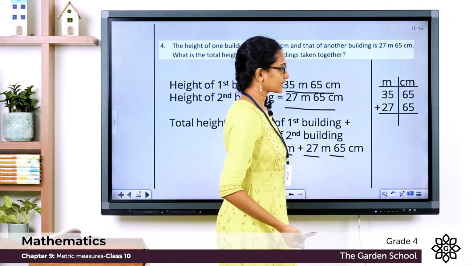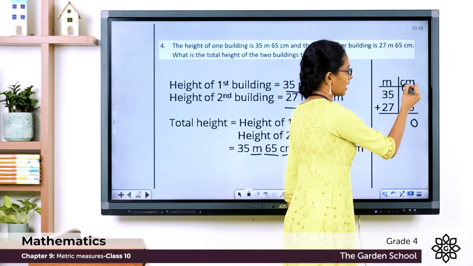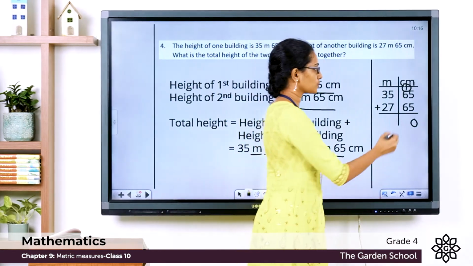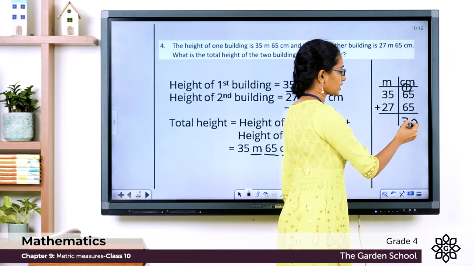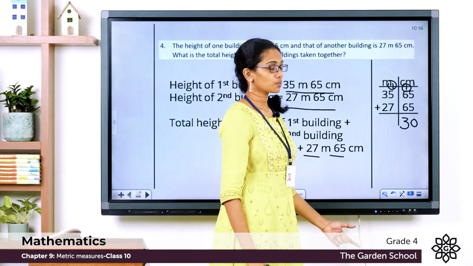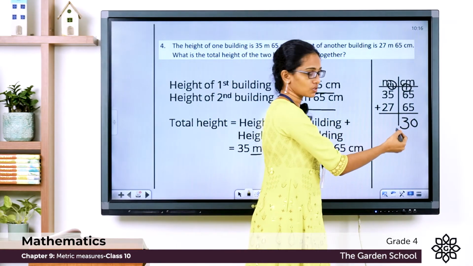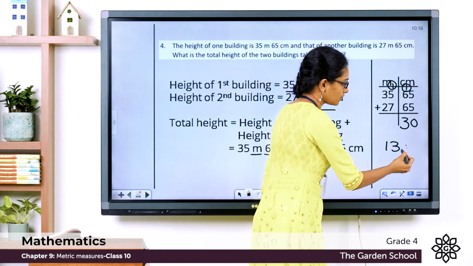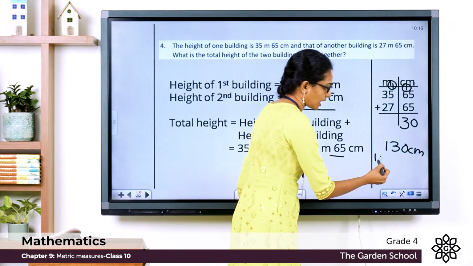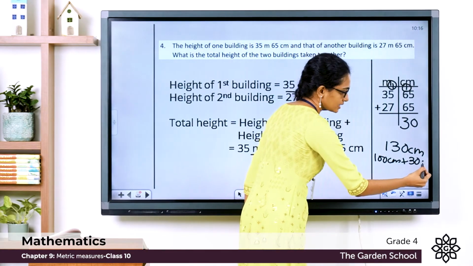So start adding the numbers. So 5 plus 5, it is equal to 10. We have a carryover here. Now 6 plus 6 is equal to 12 plus 1, 13. So we write that 3 here and carry over 1 to the next place. So understand that when we added these two in the centimeter column, we got a total of 130 centimeters, which is equal to 100 centimeters plus 30 centimeter.